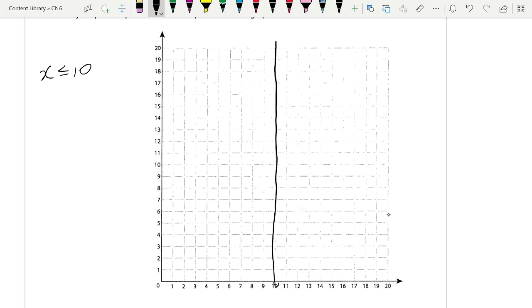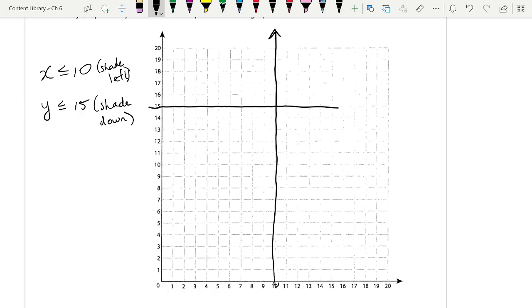Pretend I could draw a straight line. And of course that would be shade left. And then the next one was, what was the briefcase one again? 15. Y is less than or equal to 15, and this one would be shade down, because down is less than when you're on the y-axis here. So 15 is this way. So all of my answers are in this left rectangle here.